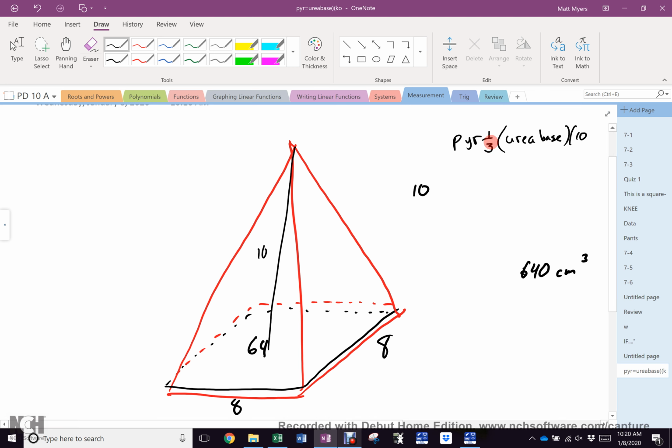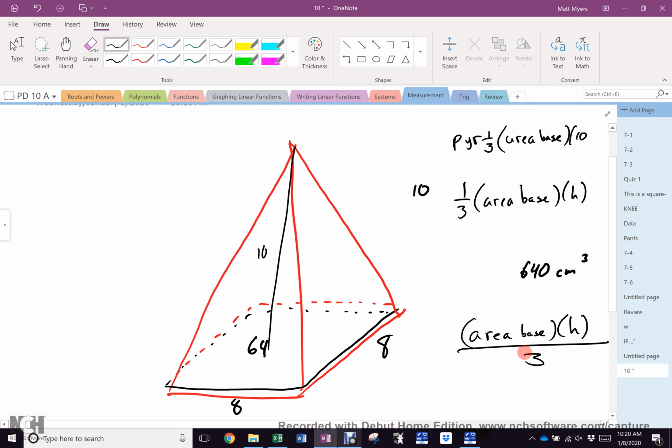Now, when we write it this way, 1/3 times area of base times height, there's a fraction there, and that makes most of you lose your bladder control. So you can also write it as area of base times height divided by 3. Whatever way works better for you.